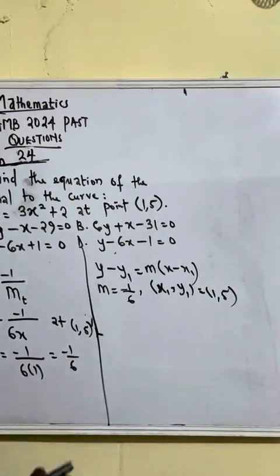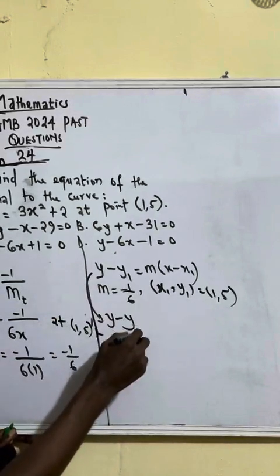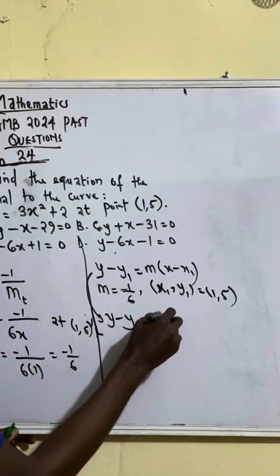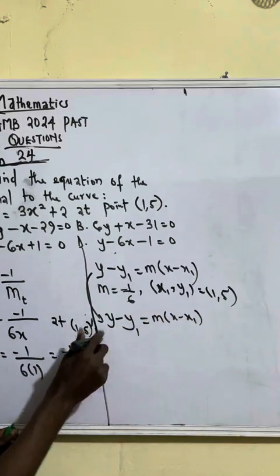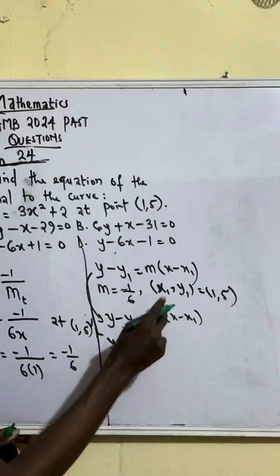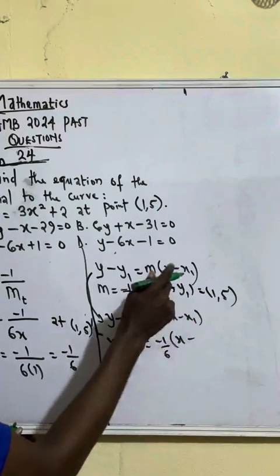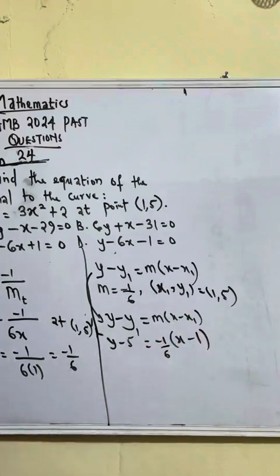So from here, y minus y1 will now be equal to m times (x minus x1). So that's y minus 5, since y1 is 5, equals m, which is minus 1 over 6, times (x minus x1). x1 is 1. The next thing is to multiply through by 6 to clear the fraction.